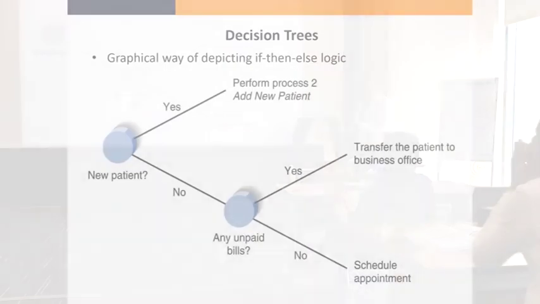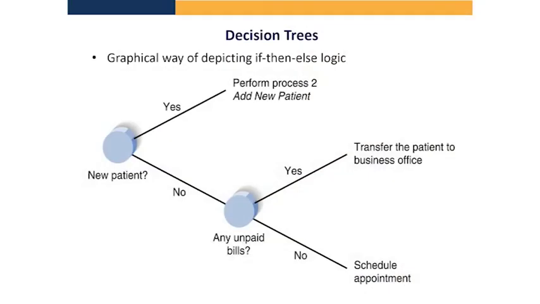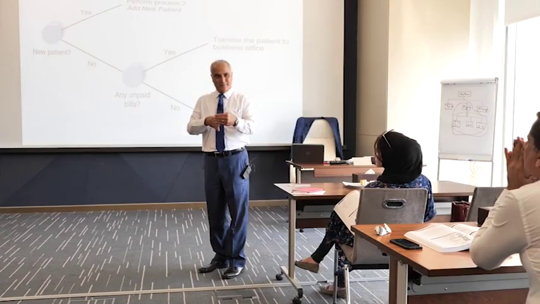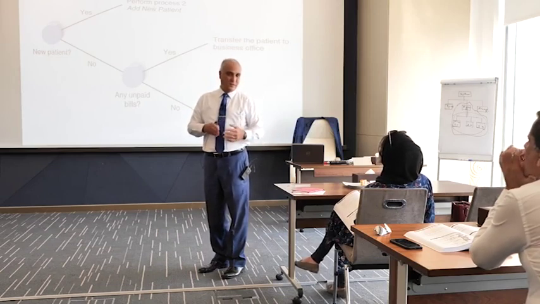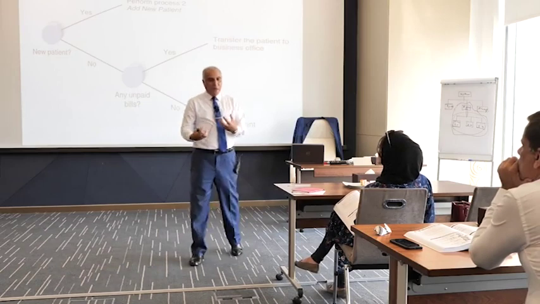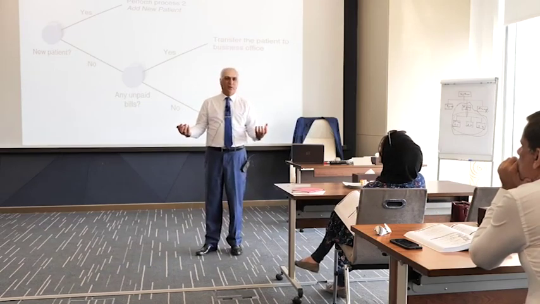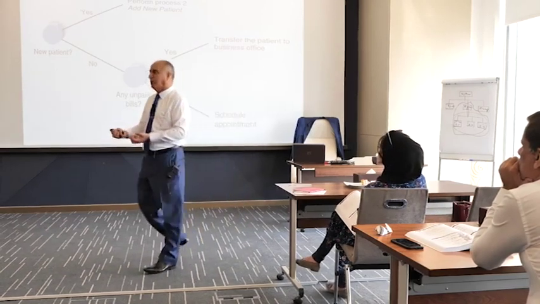Now we are going to something in modeling called the decision tree. You remember we have check if exists or not exists. Is it a decision or not a decision? Decision. We have a collection of processes, and we want to know which process to call.